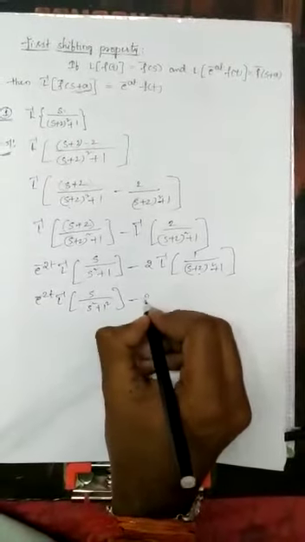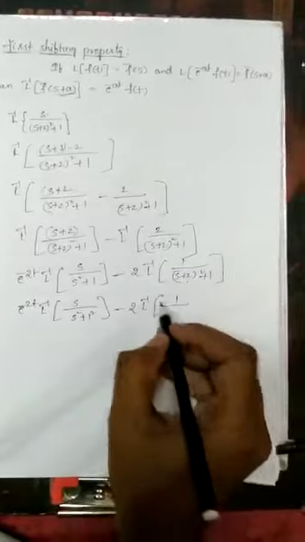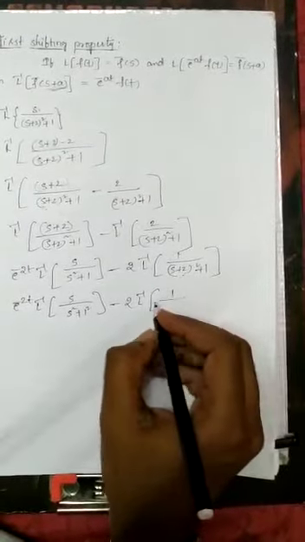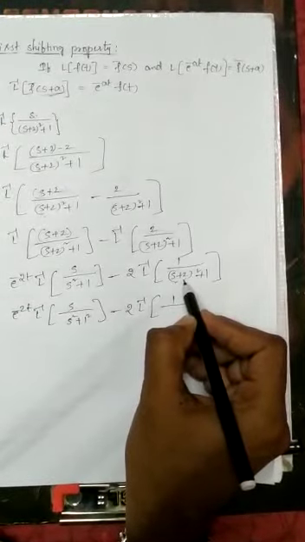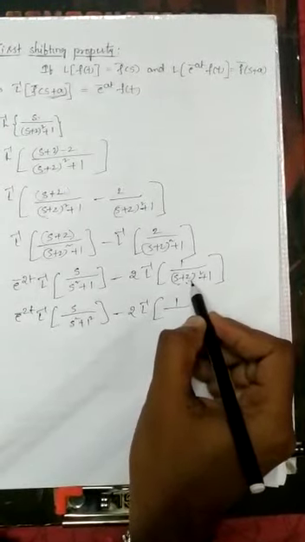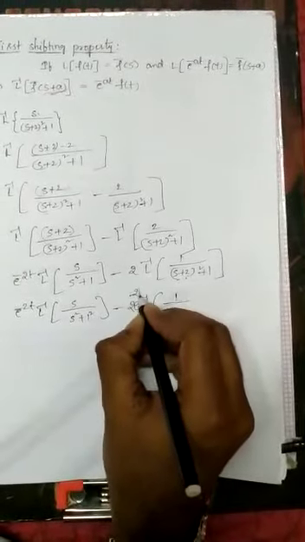minus 2 into Laplace inverse of 1 by, here, replace this s plus 2 with s. To replace s plus 2 with s, we have to write e power of minus at outside. So write this e power of minus 2t outside.